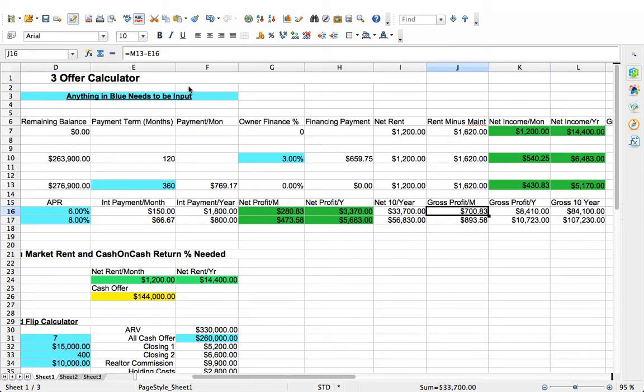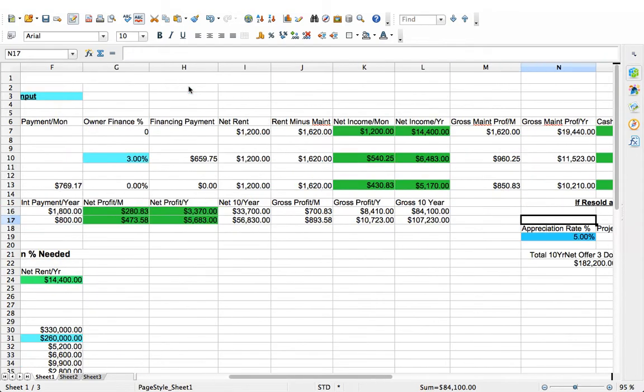So looking at gross profit per year, 8,400, 10,723, that's the higher amount. That's kind of going to be your max. So look at this number more as your baseline, what you could safely make. Gross tenure, you have the big numbers here.